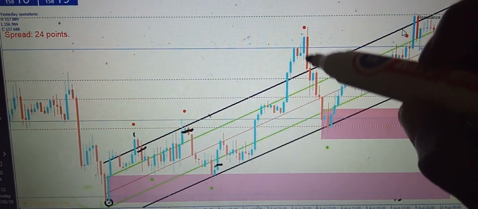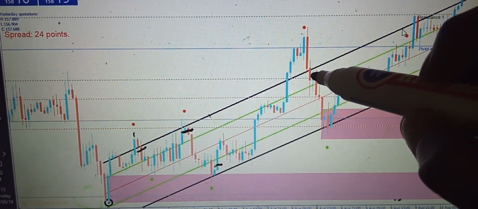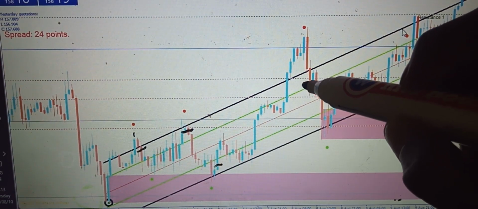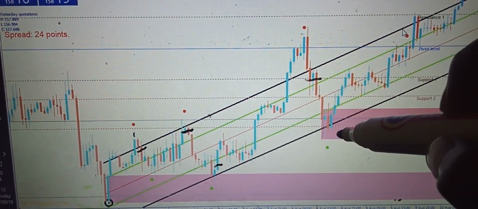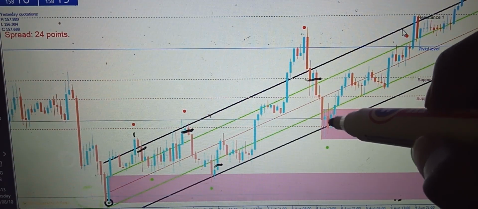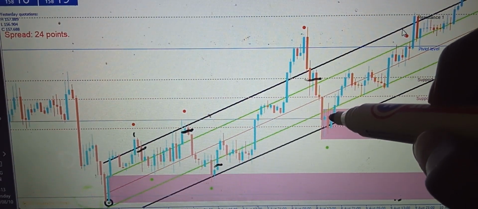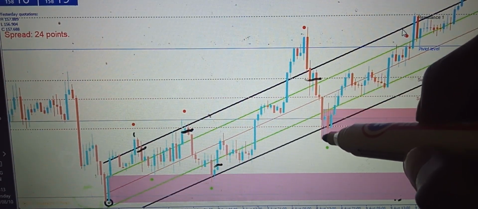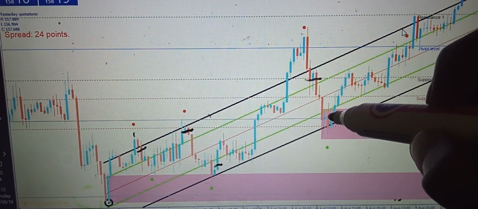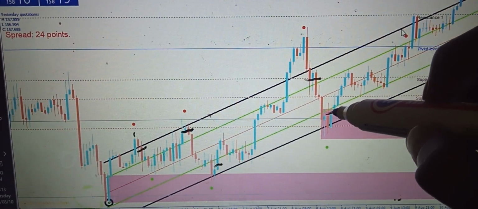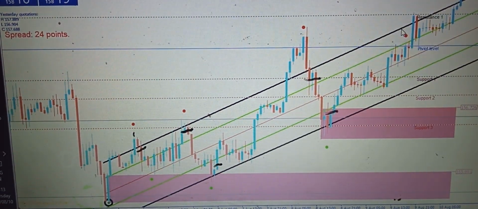And then also here, how are we going to sell? We're going to wait for this candle first to close below, then we can sell from there. And then right here, where will our entries be? We're going to wait for the market to give us a signal, and then we enter after the candle closes above the support level.